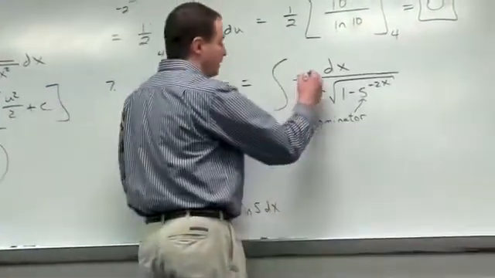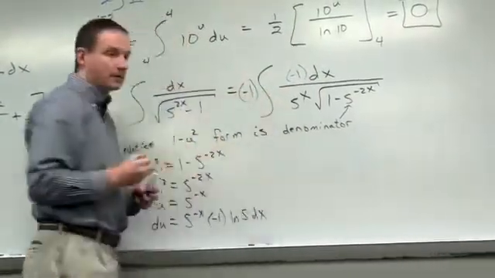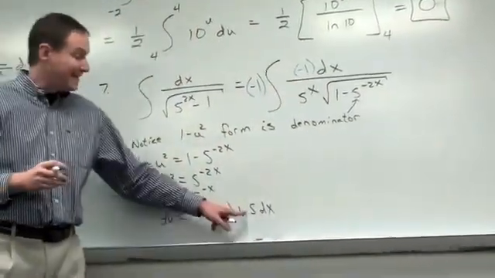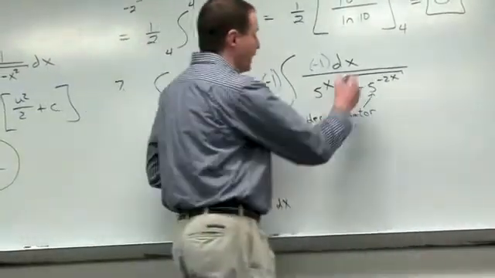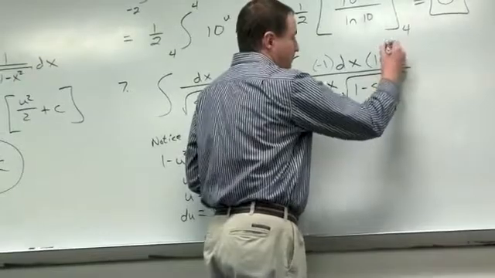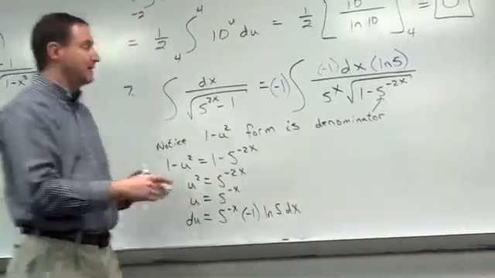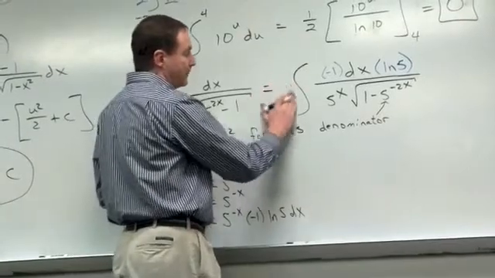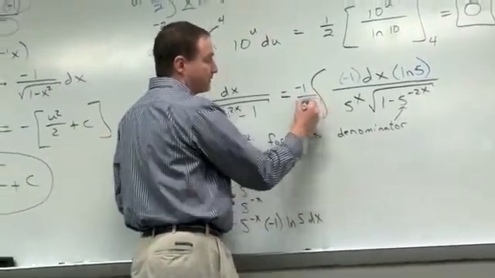Remember, constants we can always put in there. I have to multiply the outside by negative 1. Do I see a natural log of 5? Nope. I do now. But if I multiply the inside by the natural log of 5, I need to divide the outside. So my outside is negative 1 over the natural log of 5.